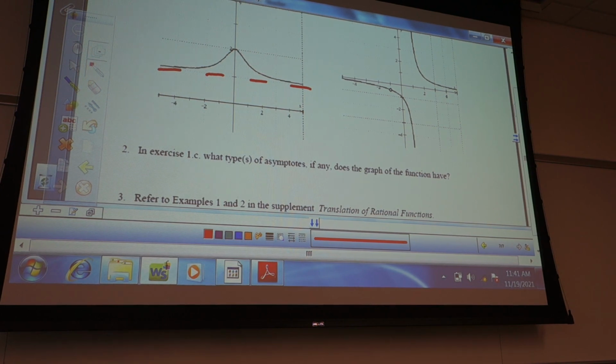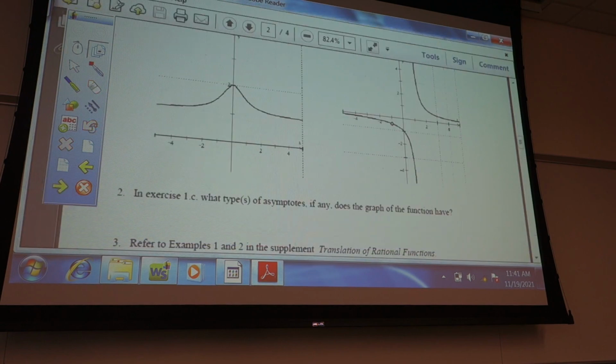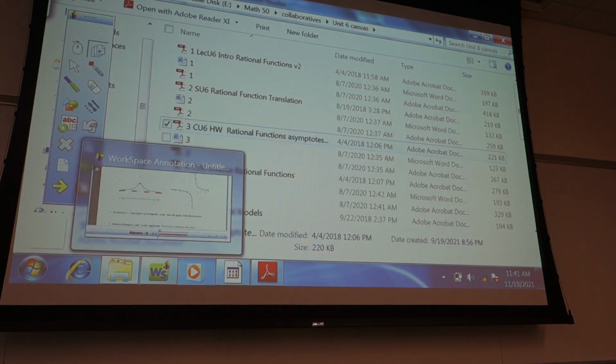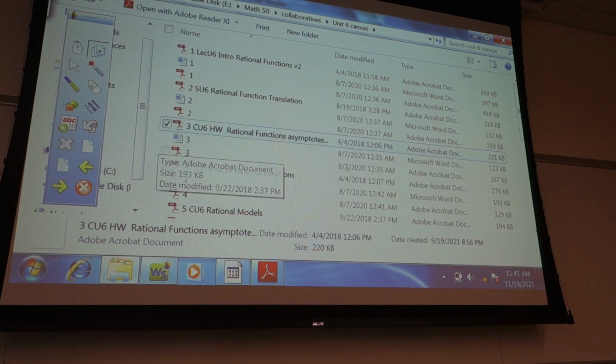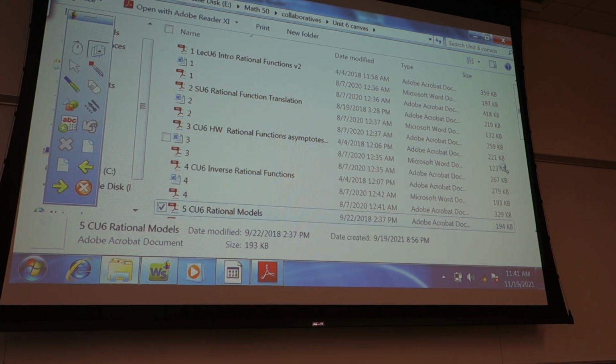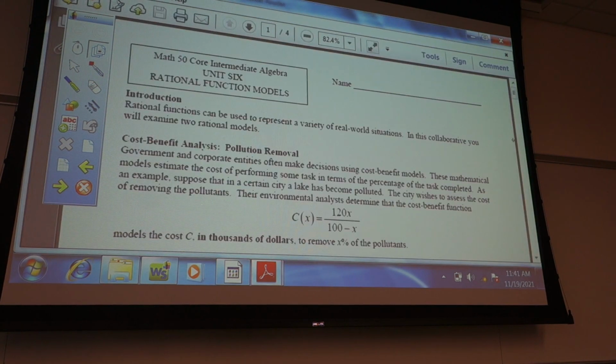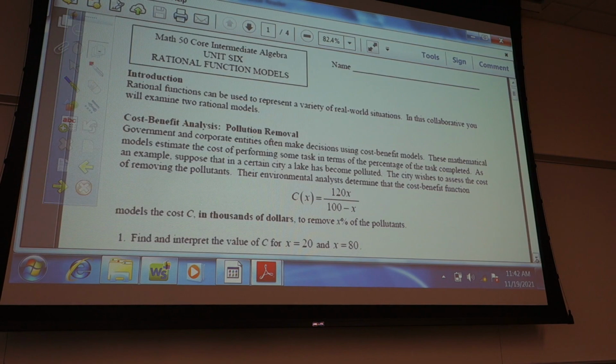Everybody has one? Great. So we're going to take a look at rational function models. So starting here.